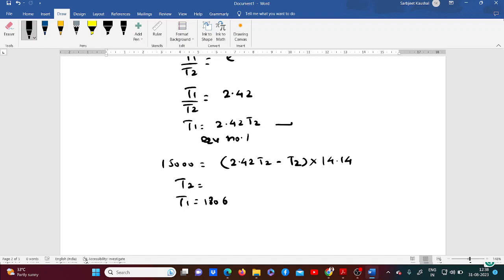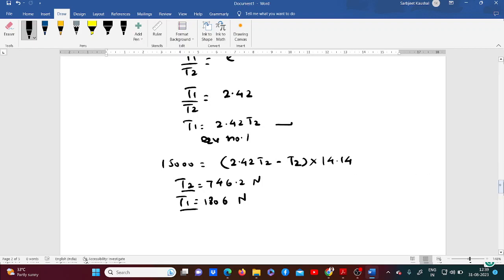I'm just calculating with the help of a calculator. This value comes to be 746. So again, these values we have found out.